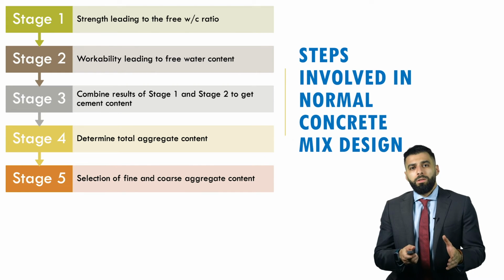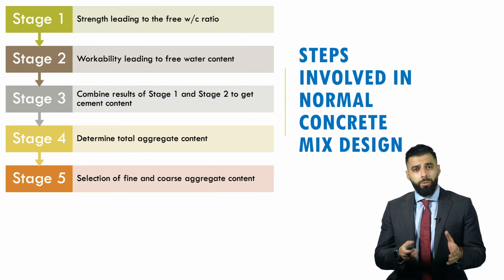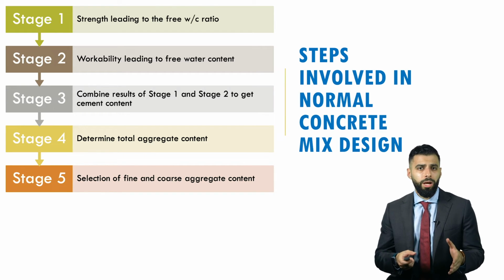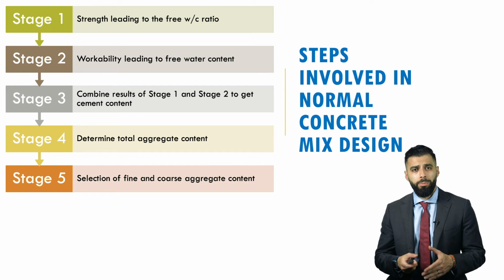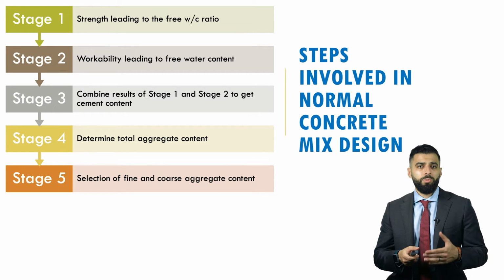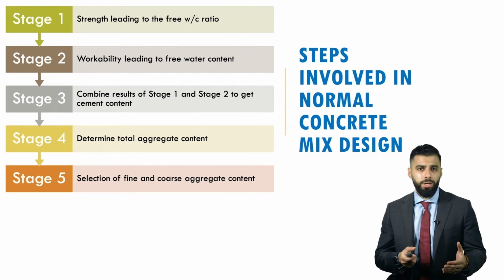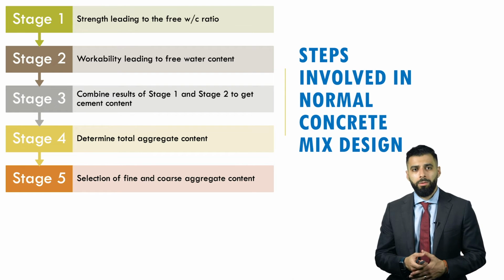The overall process involved in normal concrete mix design, you can think of as comprising 5 main stages. Stage number one is associated with determining the water to cement ratio. To determine the water to cement ratio in stage number one, the designer would have to specify the required strength, and you obtain that strength from your client.